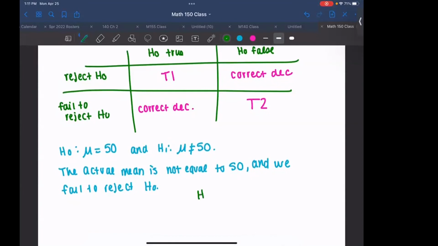Good. Because H0 says that it's equal, and if it's not equal, then it has to be false. If we fail to reject, well, that's easy. Fail to reject. H0 is false. We fail to reject. This is a type 2 error.